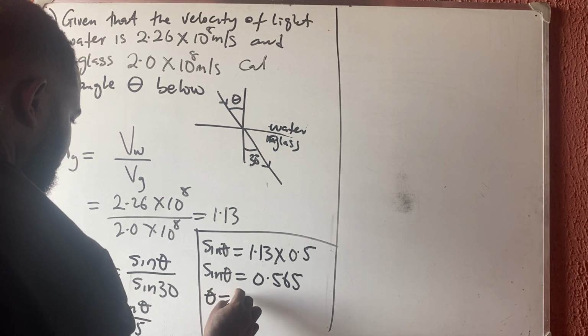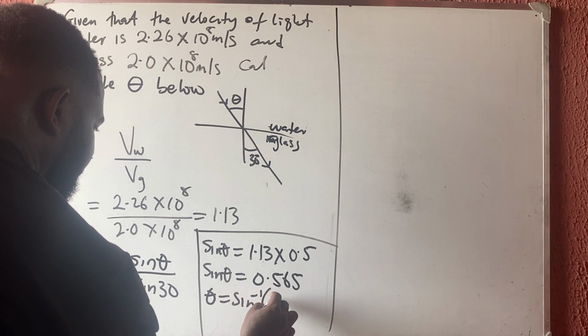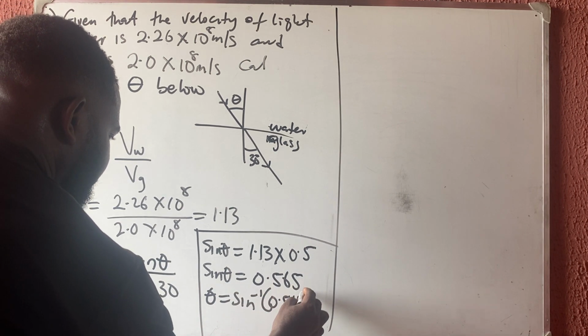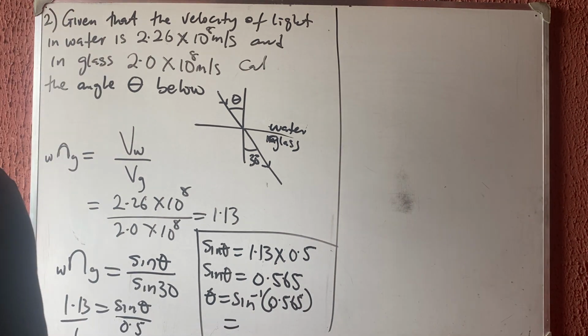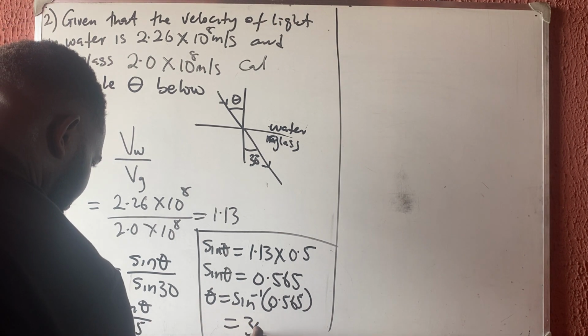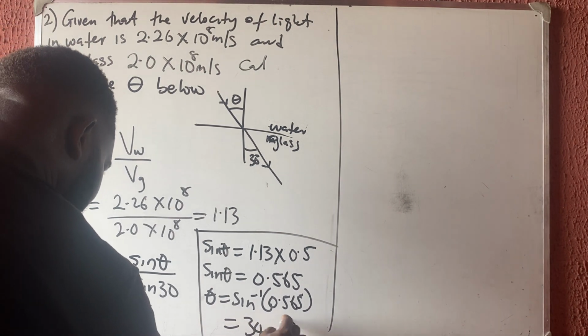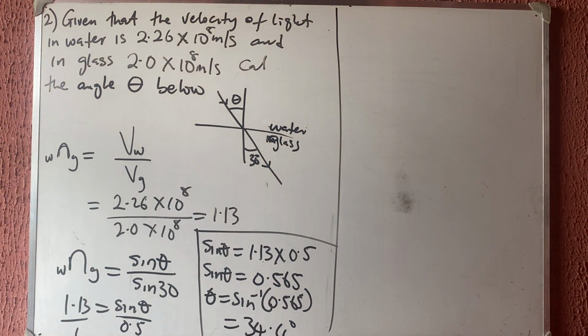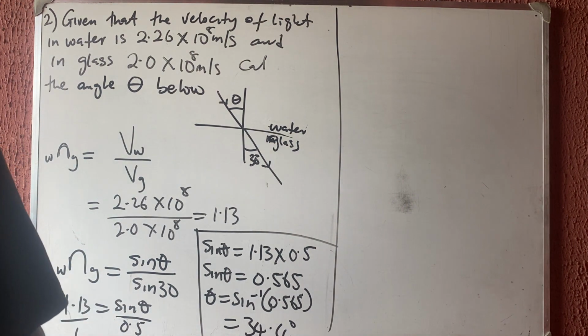So my theta is sine inverse of 0.565, which is 34.4 degrees. So 34.4 degrees is the correct answer to that question.